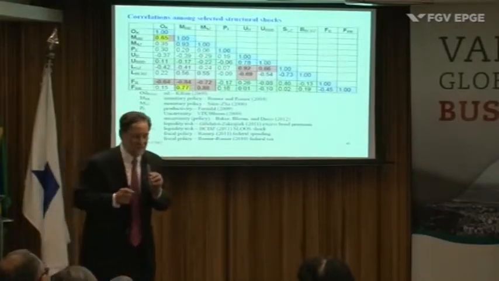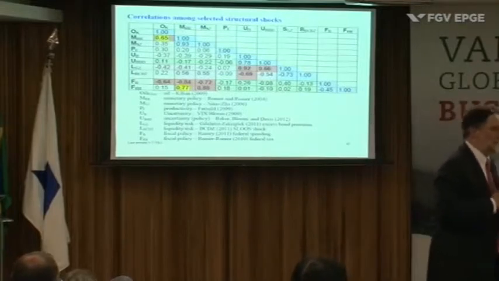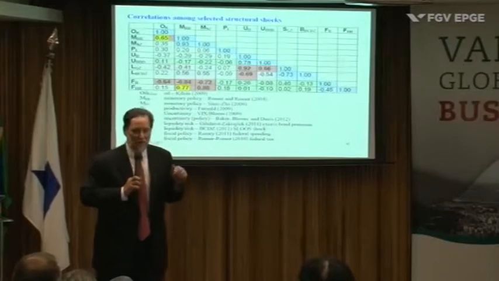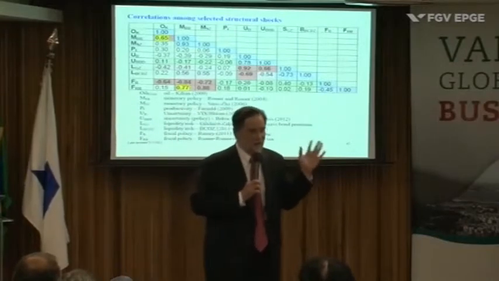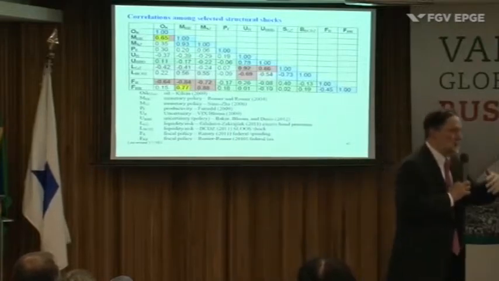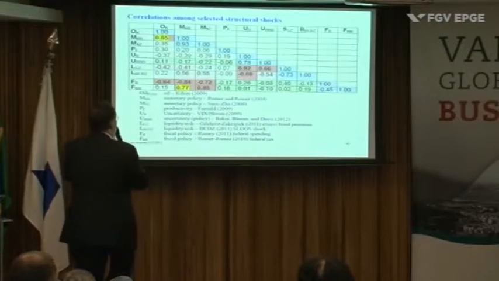Here's something else that's interesting that we found disturbing when we looked at it. So this is what we did in this paper. We estimated all these shocks, monetary policy shocks, fiscal shocks, oil shocks, to see which of them were important during this recession. And this is what we found.